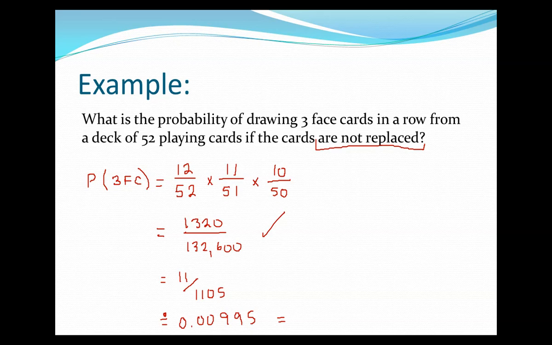It's 0.995%. So basically like a 1 in 100 chance of that happening, 3 face cards in a row. But yes, unless I ask, fraction is okay, percentage is okay, decimal is okay. All right, let's move on.